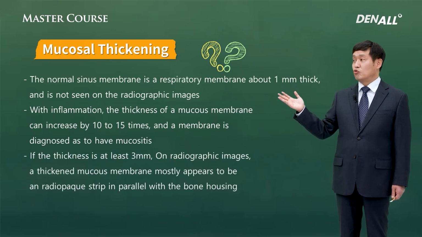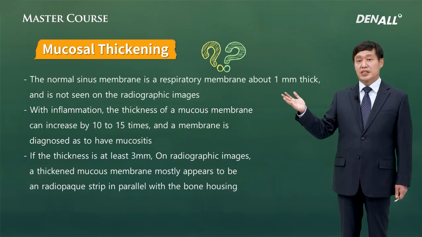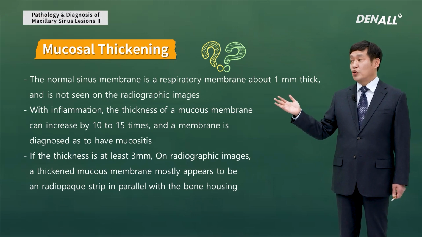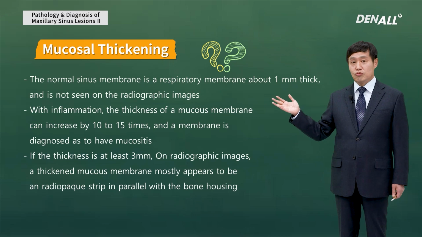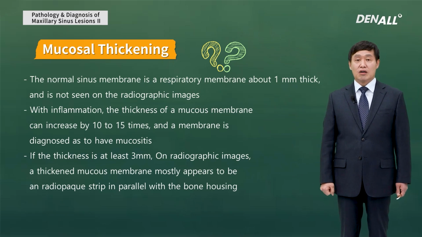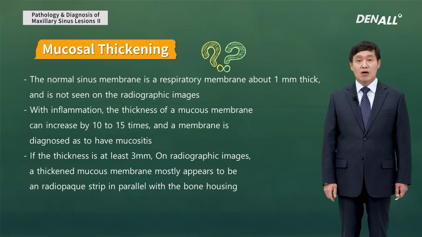If the thickness is over 3 millimeter, on radiographic image, a thickened mucous membrane mostly appears to be a radiopaque strip in parallel with the bone housing.